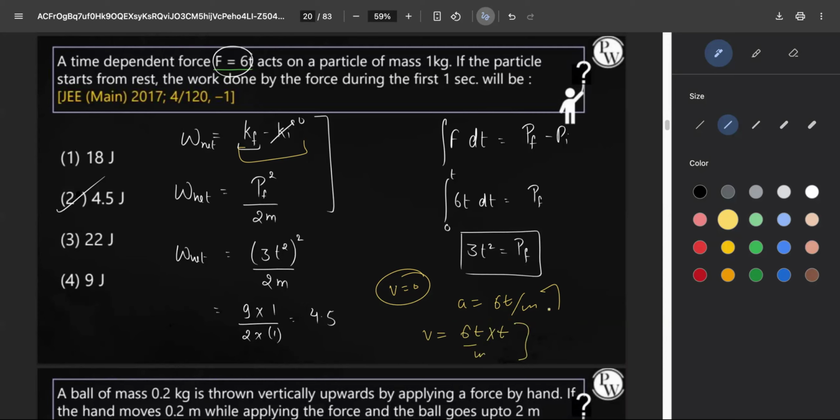Use this and get the velocity after time t. That will result in 6 by m, because here the value is already given as 1 second. Initial velocity you already know comes out as 0. So if you apply this, do you think you are going to get the answer?